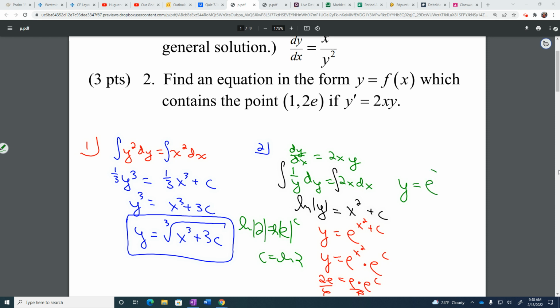Y equals e to the x squared, and then I'm going to plug it in here. So it'll be e times e to the natural log of 2. And then e and the natural log cancel, so I can push them 2. So our solution is actually 2e to the x squared.